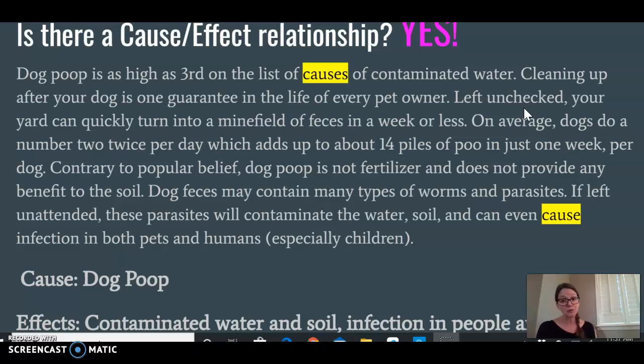So we've got our clue words, we've identified a cause and an effect. We can rest assured that this is, in fact, a paragraph that is a perfect example of the cause and effect relationship. So that's about going to do it for this first lesson.